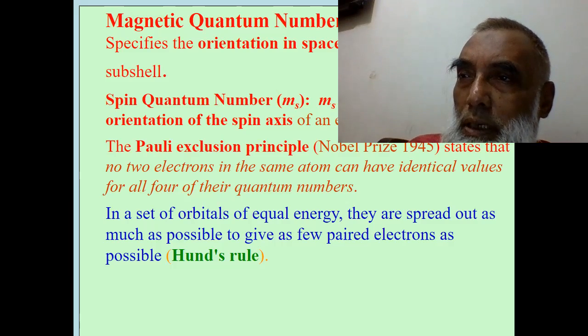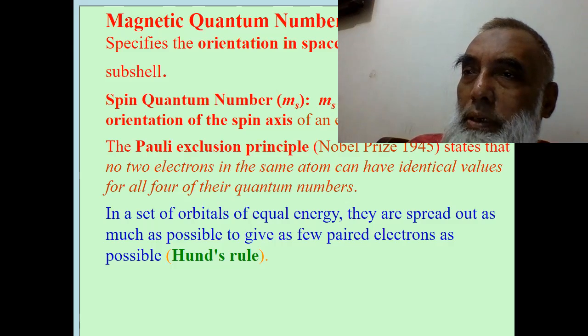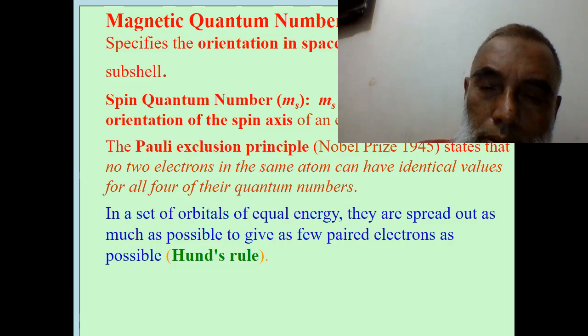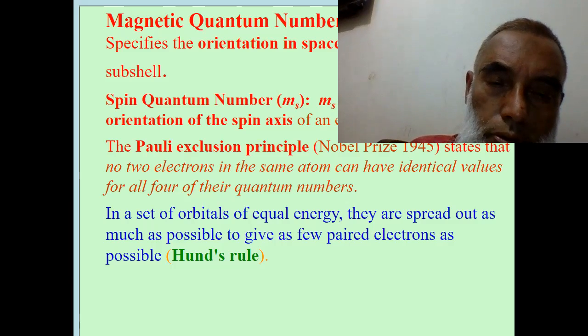If there are 6 electrons to be occupied, then 1 will be paired. For 7, 2 will be paired. For 8, 3 will be paired. For 9 electrons, 4 will be paired. For 10 electrons, all 5 orbitals will be paired. Similar cases apply in f orbitals also.